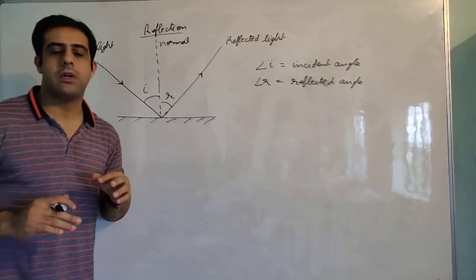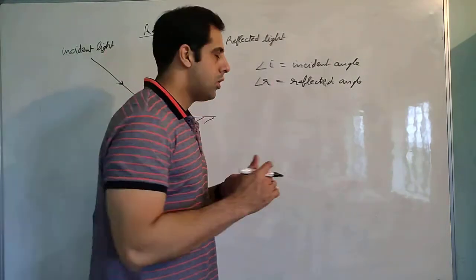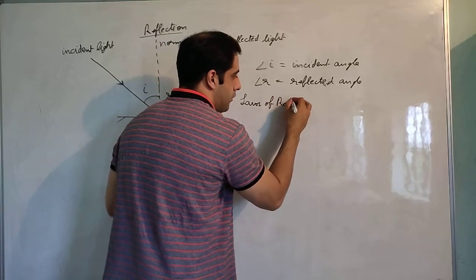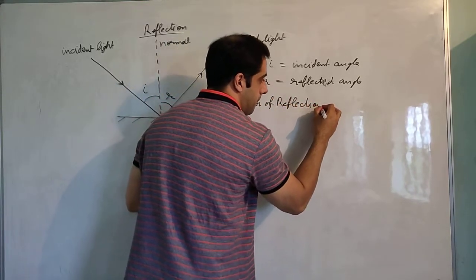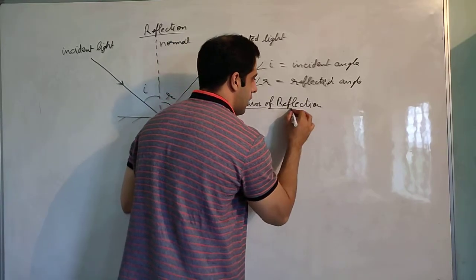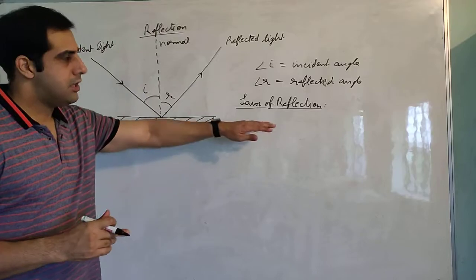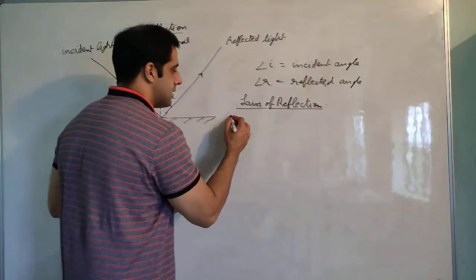Now this reflection works on laws. These are called the laws of reflection. Any kind of reflection from any kind of surface always obeys these laws. There are two laws in this.